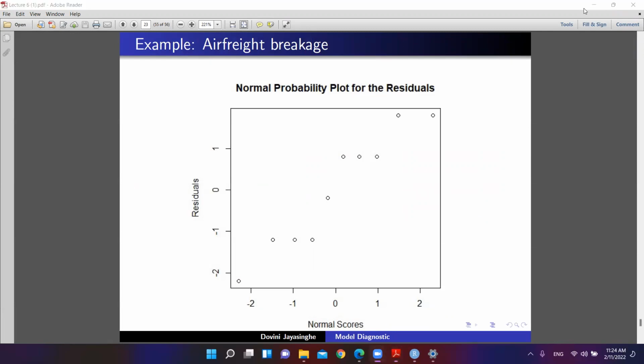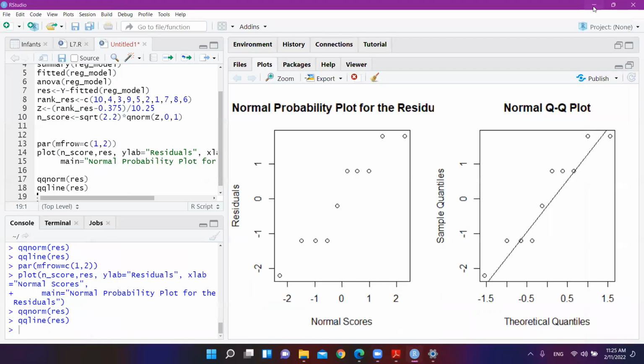Why should this be a straight line all the time? Because we are mapping our residuals to the distribution that we really want to have. This could be done for any distribution. Here we are getting Q norm quantiles from the standard normal distribution, mean 0, variance 1.